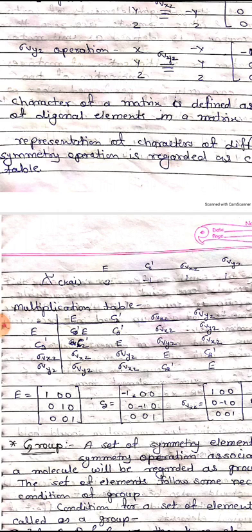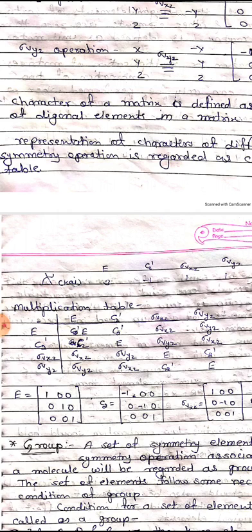Similarly, these operations are also shown in left end of the table. It is denoted in a column: identity operation, rotational operation, plane reflection operation.